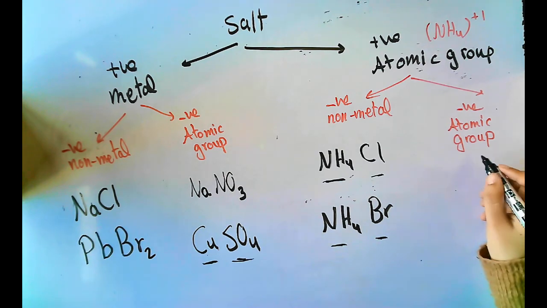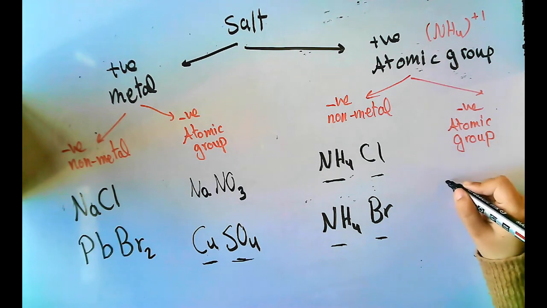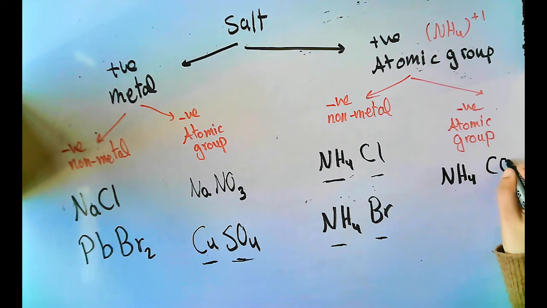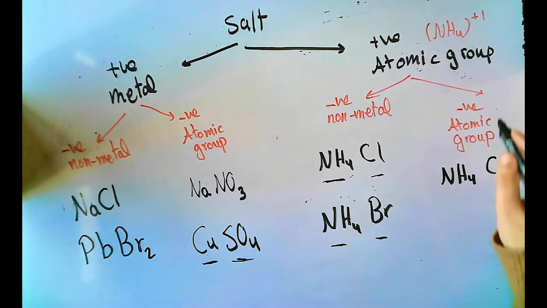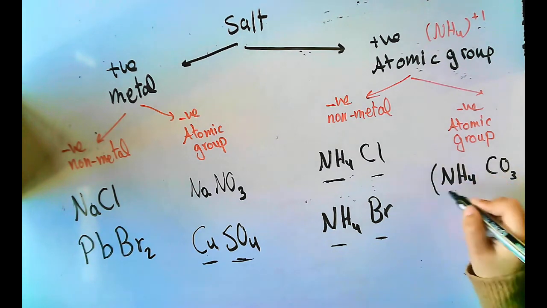Another example for a positive atomic group with a negative atomic group, ammonium carbonate. The ammonium is monovalent, it has positive 1, and the carbonate is negative 2. Its valency is 2. So I will exchange them.